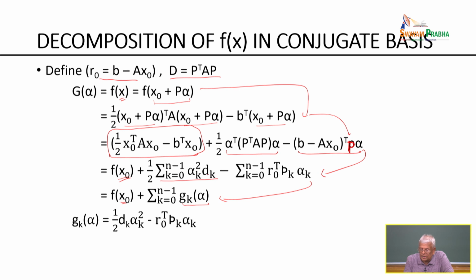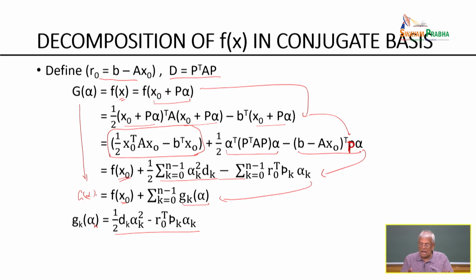So, there is alpha k square d k, and this is R naught transpose p k alpha k. So, I can define g k of alpha k as 1/2 of d k alpha k square minus R naught transpose p k alpha k. Therefore, by combining using this definition, my g of alpha is given by this.